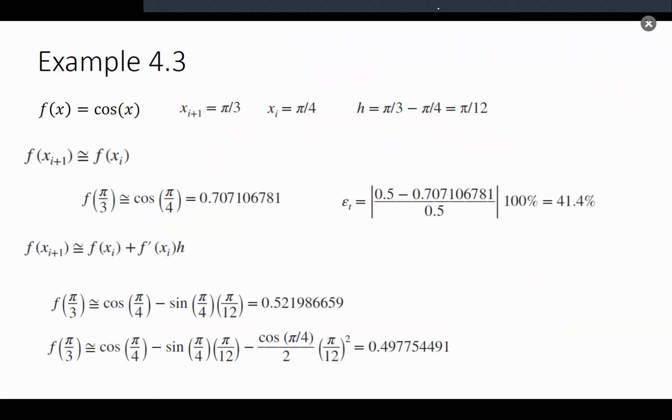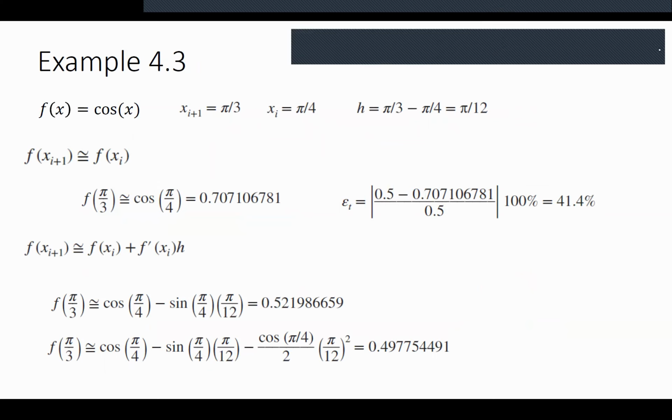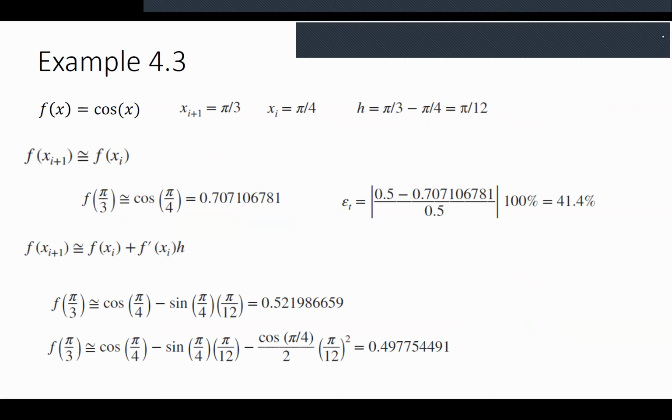Okay, we have an example. We are given a function here, cosine x, and we'd like to determine the value of the function at x i plus 1.